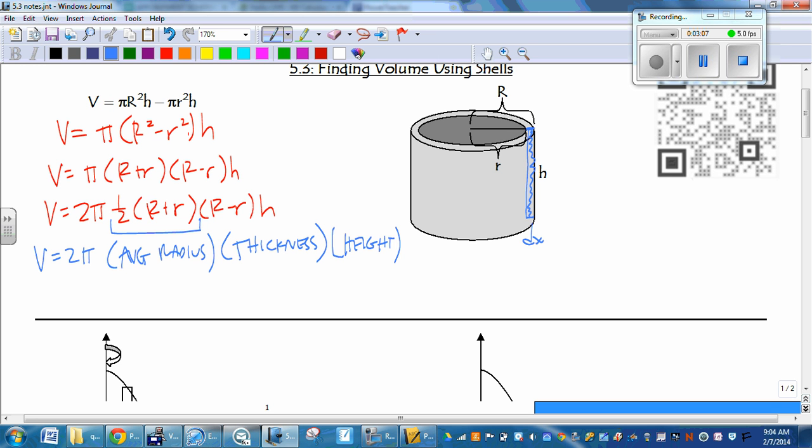But this is our basic formula that we're going to use to find the volume using shells, except we're going to add the definite integral. So we're adding up all of those different volumes of all those little shells that create that one big solid of revolution. So the volume formula for shells is 2 pi, we'll pull that out in front of the integral, times the definite integral from a to b of the average radius times the height times the thickness.